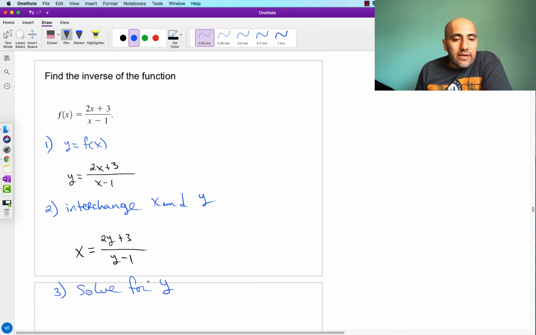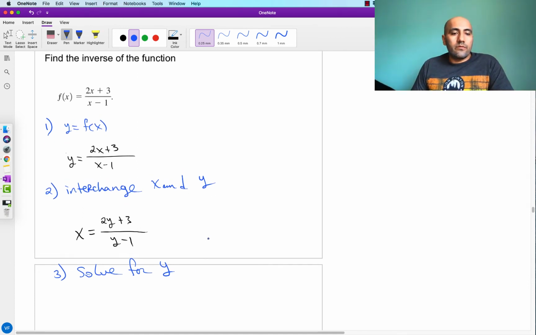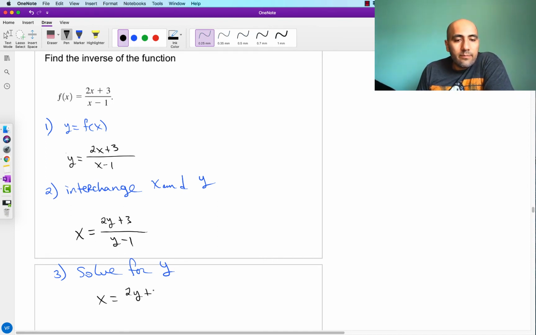So how do we do that? We have x equals (2y plus 3) all over (y minus 1). What I want to do is multiply both sides of the equal sign by the denominator, y minus 1.